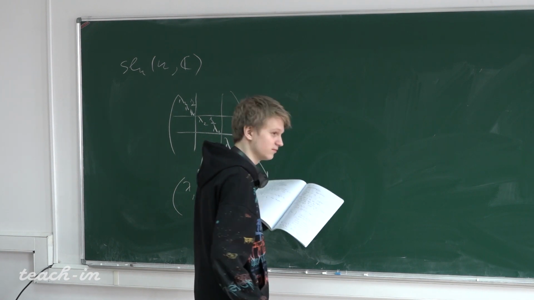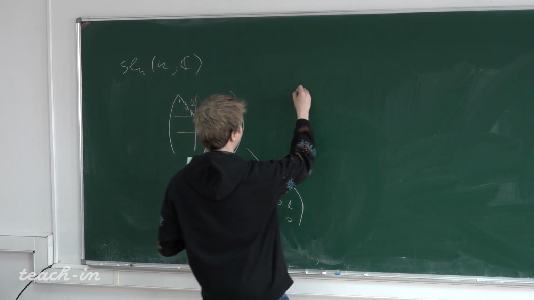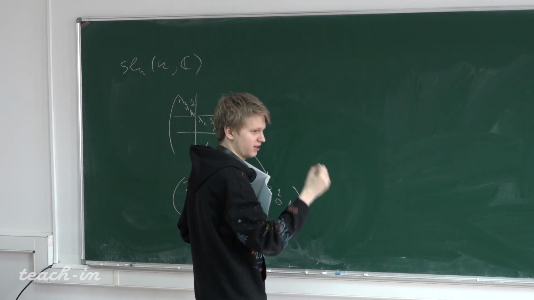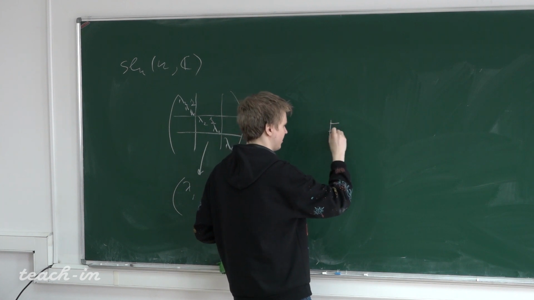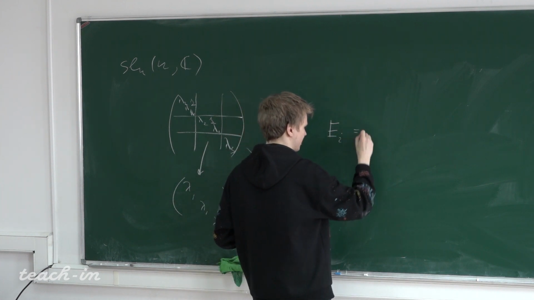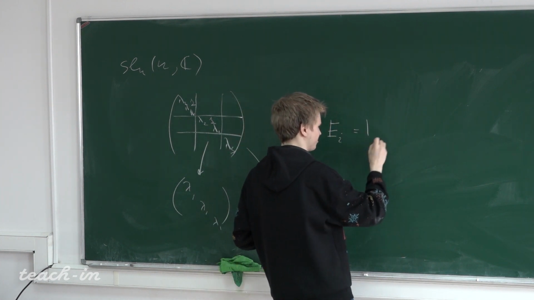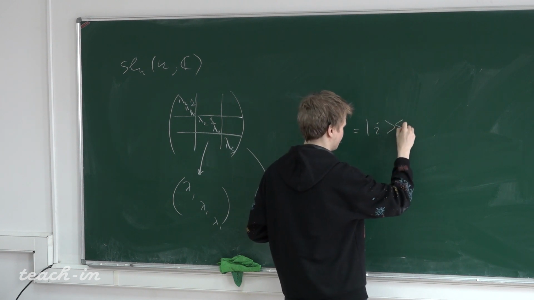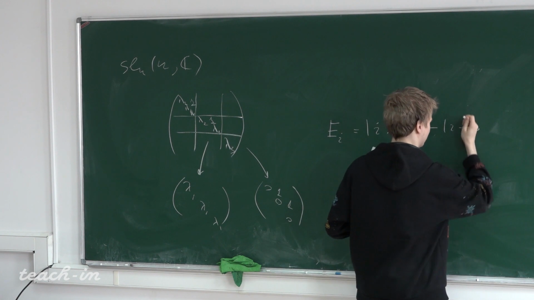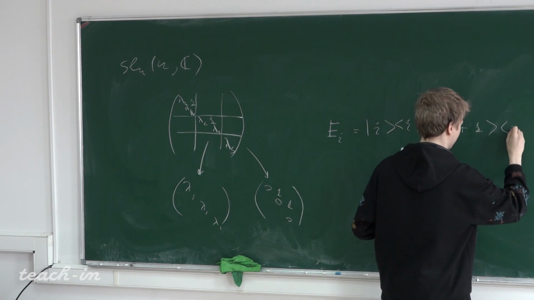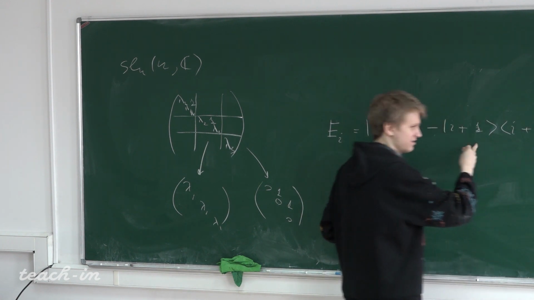And what do you mean by that? There are two types of elements in the basis of SL_n C. We have E_ij, and let me use the direct notation. Is this clear?